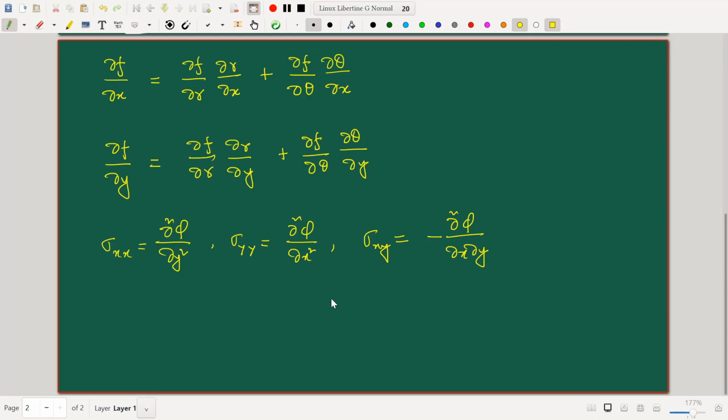Please note that all of these are written in the rectangular Cartesian coordinate system, but here what we are trying to do is obtain the corresponding forms in the polar coordinate system.